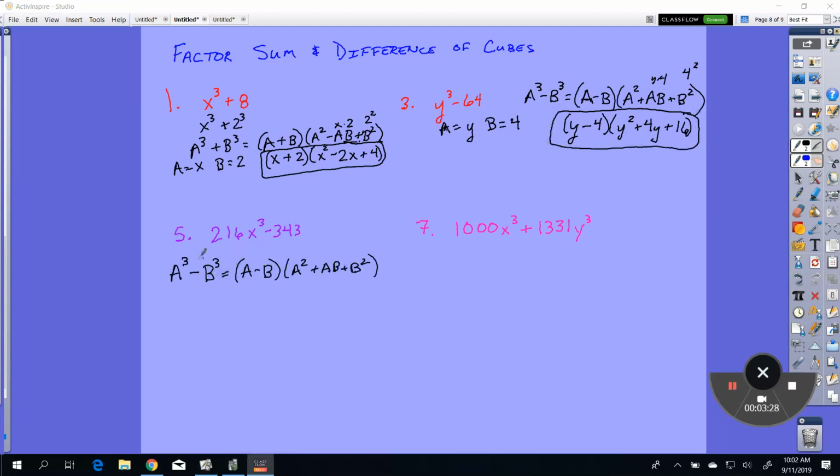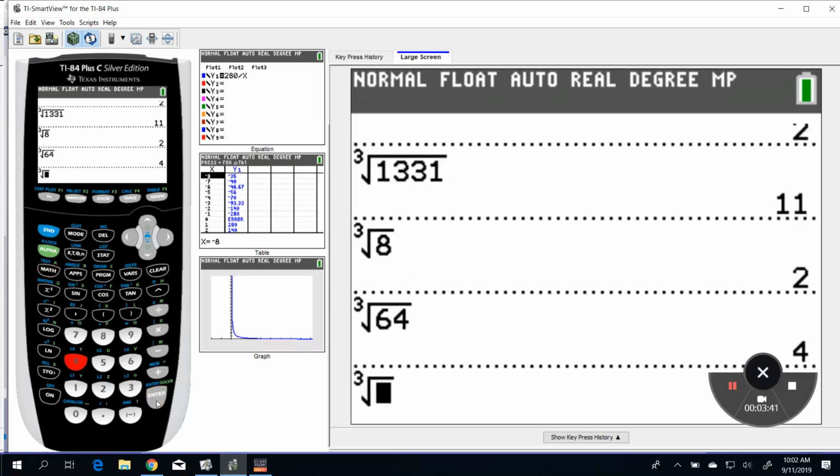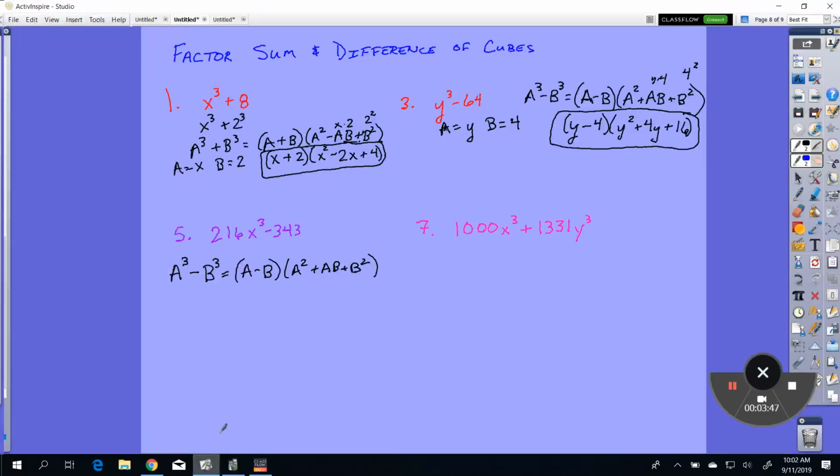So on question 5, you're going to use the minus formula. You need to figure out what the cube root of 216 is, so you go to your calculator and hit math, then what? 4, then type in 216, which is 6, so a is going to be 6x.